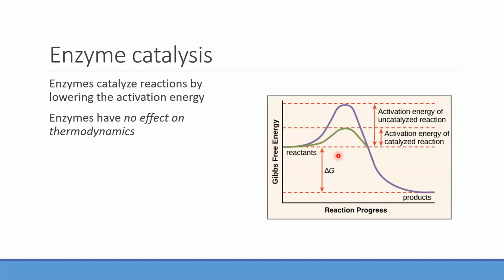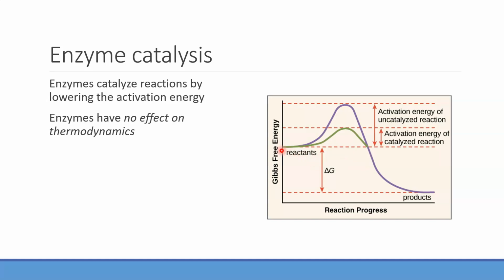So the energy of our reactants is greater than the energy of our products. Remember that for reactions to occur, the delta G has to be negative. Now the enthalpy could be positive, but that would mean that the entropy would have to make that up and give us a negative delta G.